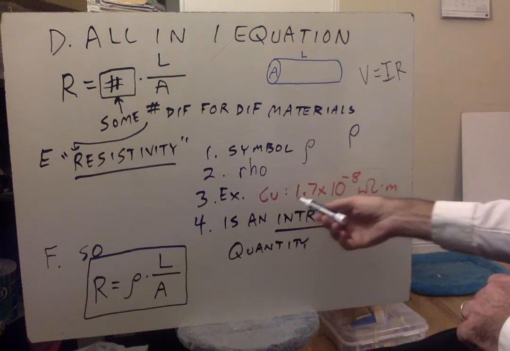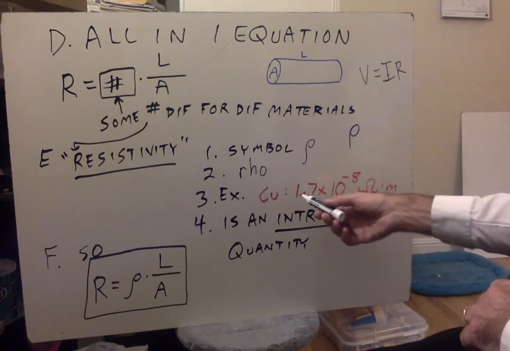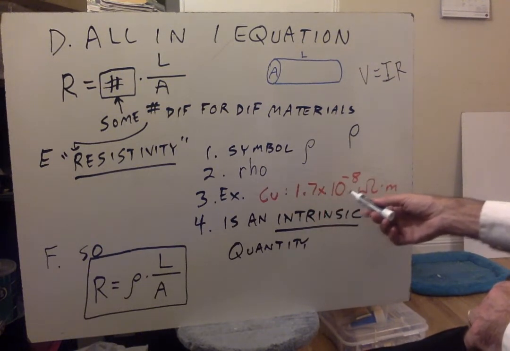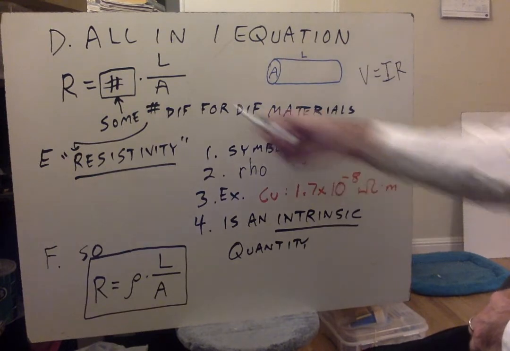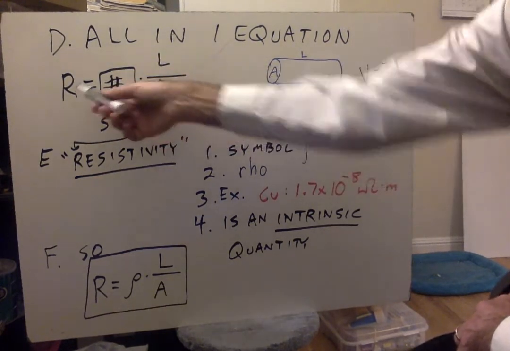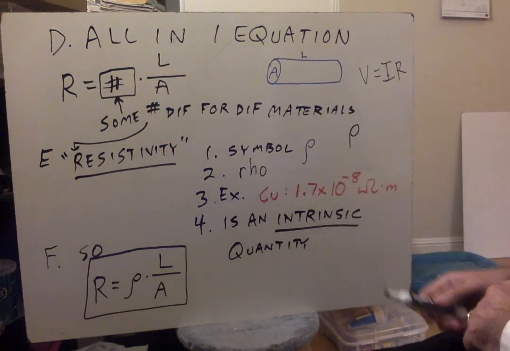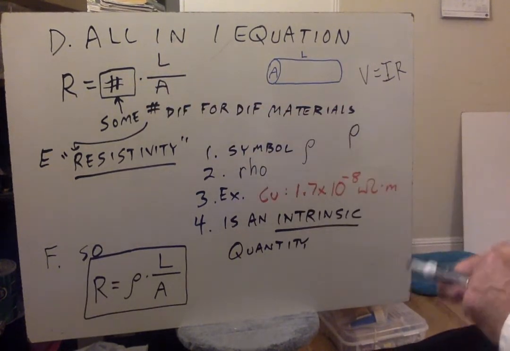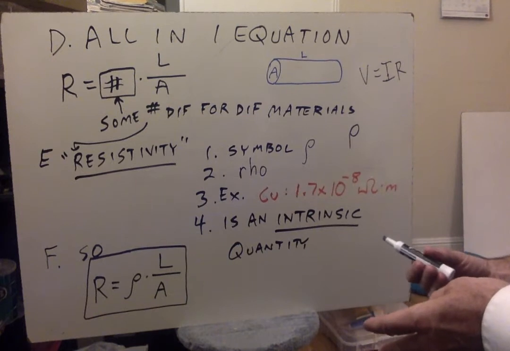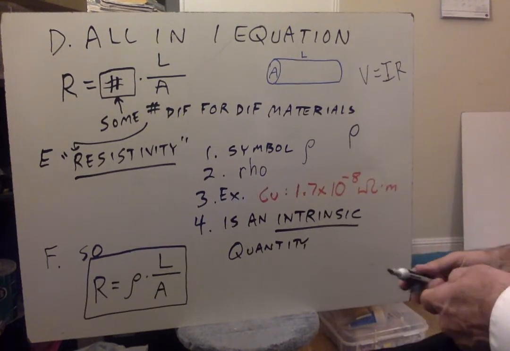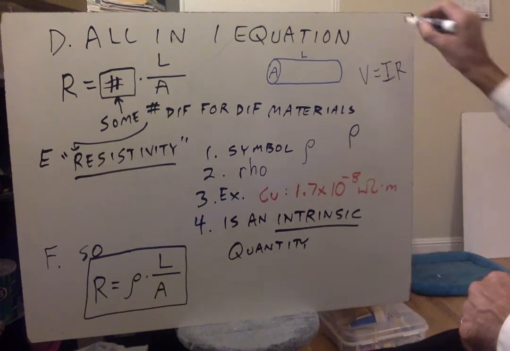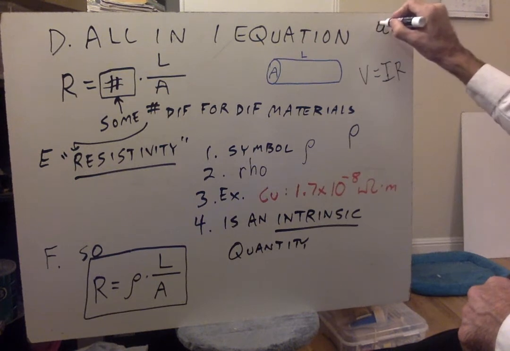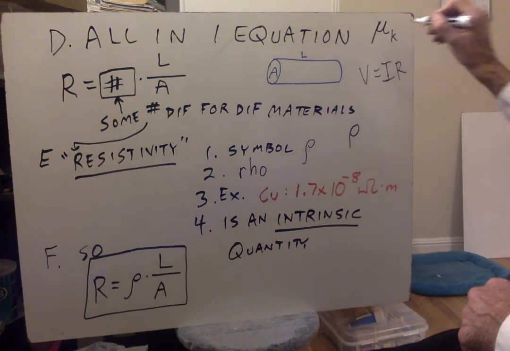Okay, here's an example that shows you the unit for it. Copper, this low resistivity, and the unit is an ohm times a meter. And if you put that in here, you'll see that that works out, and that gives you ohms, ohm meters. All right, whenever you have some number that's different for different materials, what is always in your book? A table. And we saw this before when we had mu in the first semester, mu k and mu s, right?